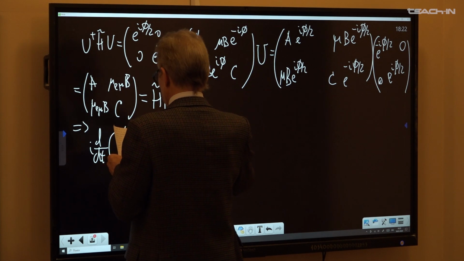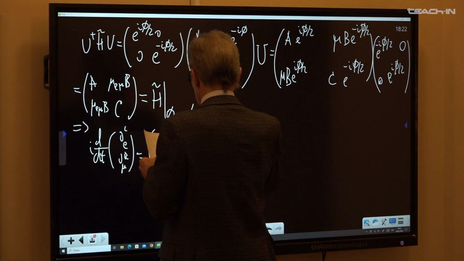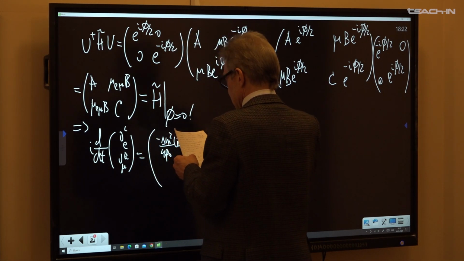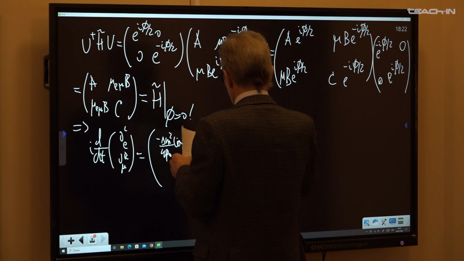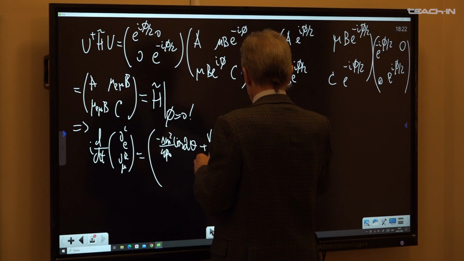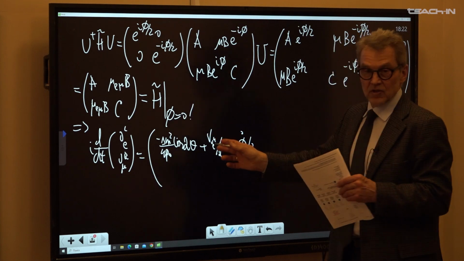Here is minus mass square difference divided by 4 neutrino energies, cosine double theta, plus the potential of electron left neutrino divided by 2, minus phi dot divided by 2. This is an addition to the potential of neutrino. Yeah?